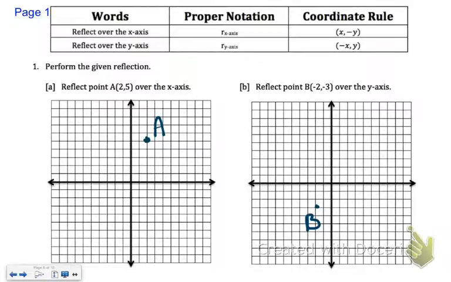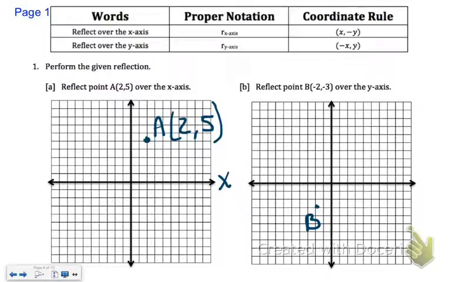So in example A, we are reflecting point A, which is at 2, 5, and I've already plotted it for you, over the x-axis. So since A is at positive 2, positive 5, when we are counting in our coordinate plane, A is 5 units away from our line of reflection, which means that A prime will also be 5 units away from that same line, our x-axis, on the opposite side.